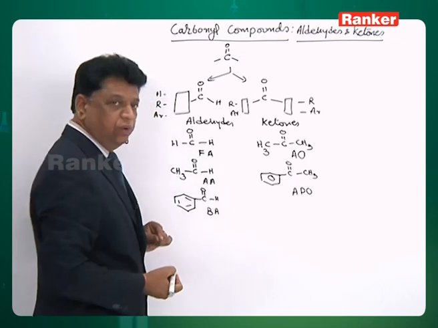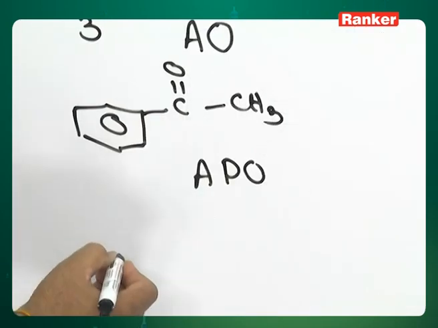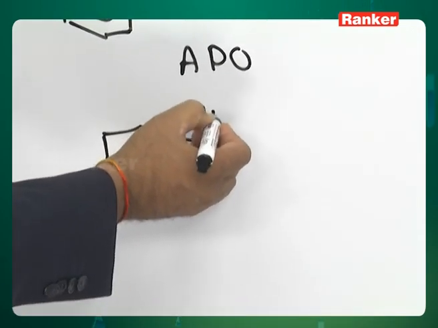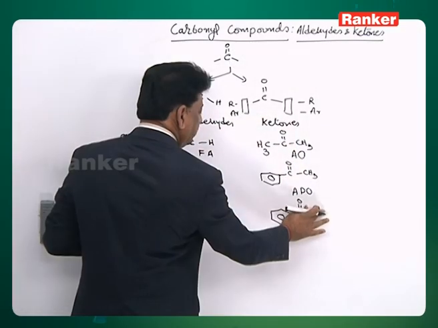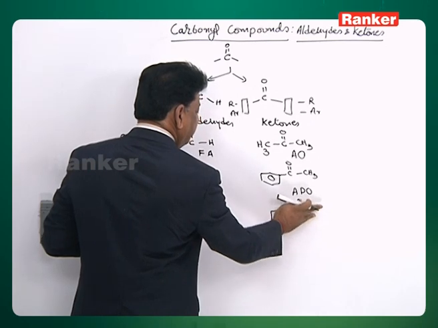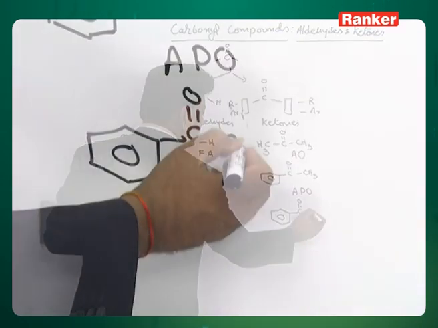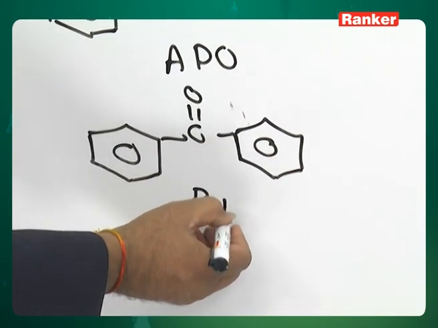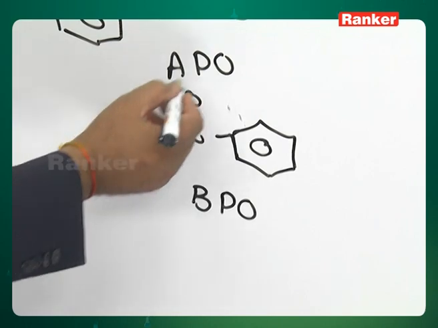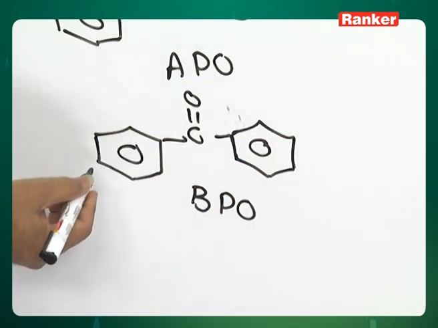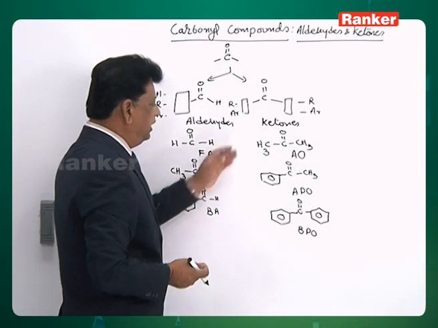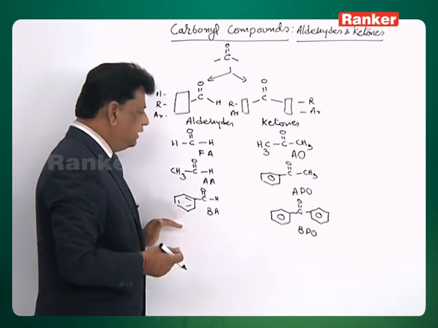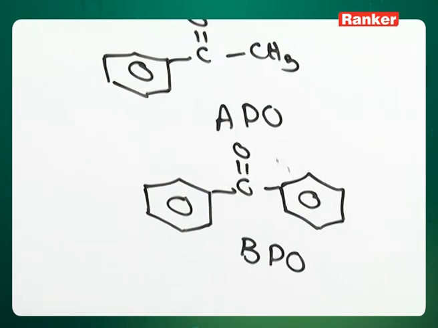Both sides you must have a phenyl group, so that means benzenes are there. This is called benzophenone. Benzene with CO is called benzo, with another phenyl, benzophenone. So, three ketones and three aldehydes are very standard and popular examples.